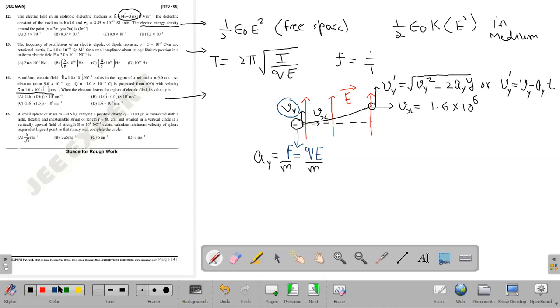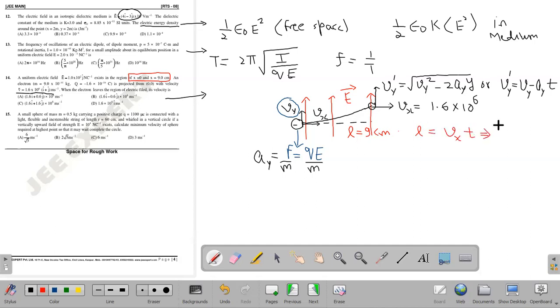If it travels length L in the horizontal direction in this electric field, from x equal to 0 to x equal to 9, this is the horizontal displacement, so L is given as 9 centimeter. Since the horizontal motion is without any acceleration, L equals the horizontal velocity Vx multiplied by time.